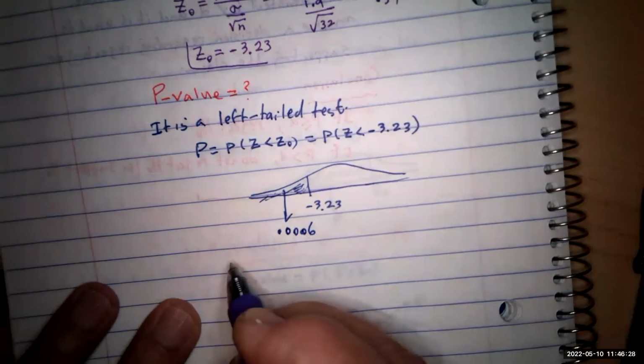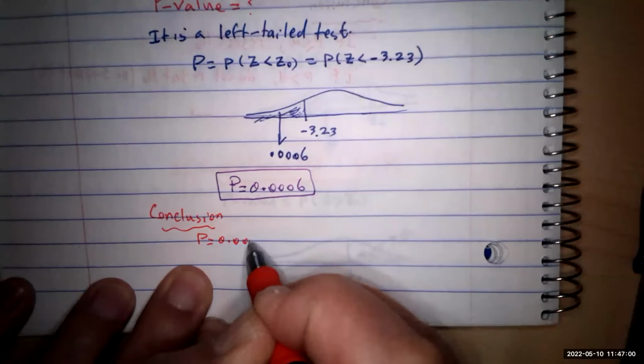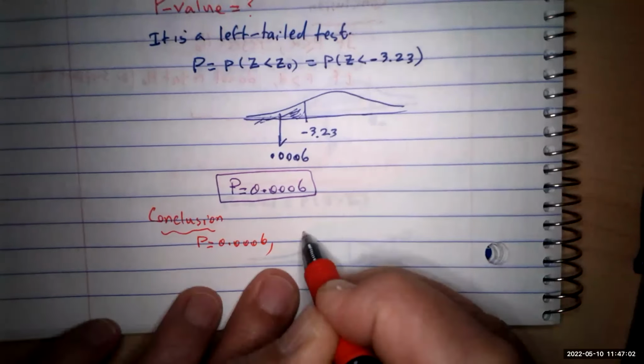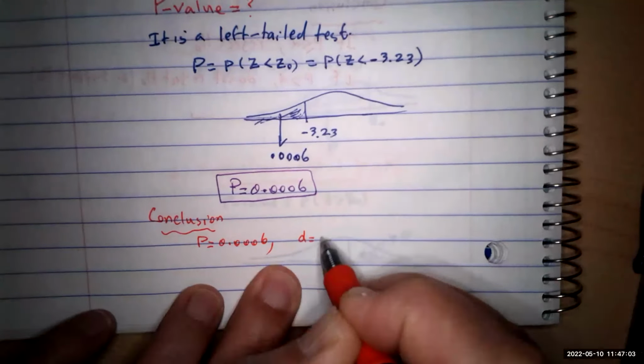The last step is the conclusion. You compare it with the alpha and you tell us what we are going to do. The p is equal to 0.0006. Alpha is 1%, which is 0.01.